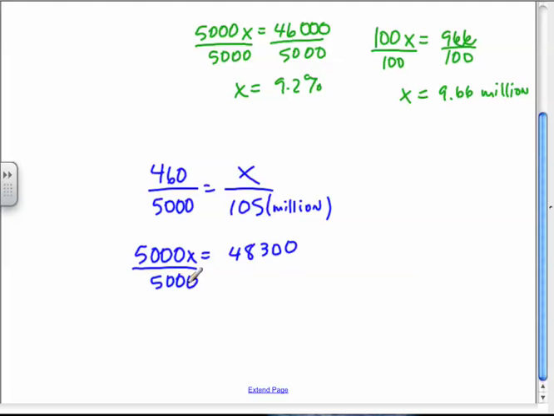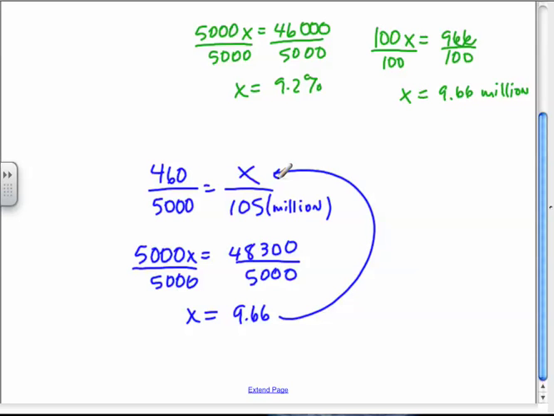Divide by 5,000 on both sides. And I'm going to get that x is equal to, well, let's see, divided by 5,000. I better get 9.66. And I do. 9.66. That's what x is, and x, remember, would be in millions, just like the denominator was in millions. Okay? All right. Either one of those two ways works.